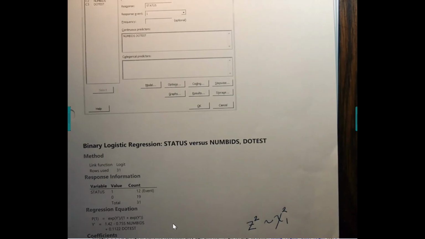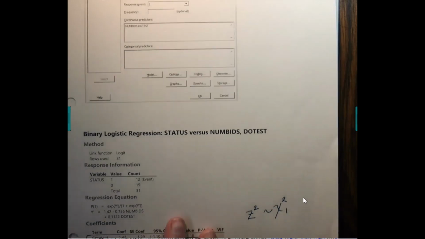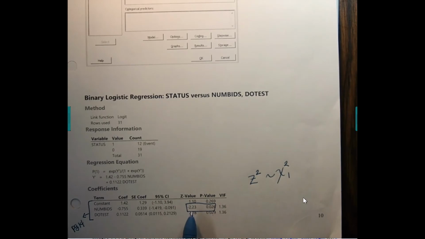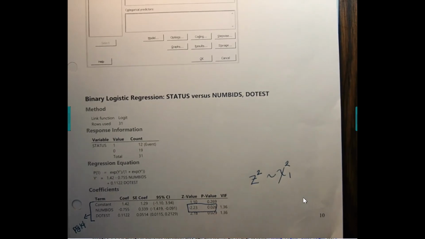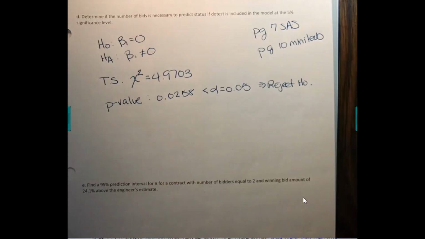If you take negative 2.23 squared, you will get 4.9703 or something very close to it and a very similar p-value.